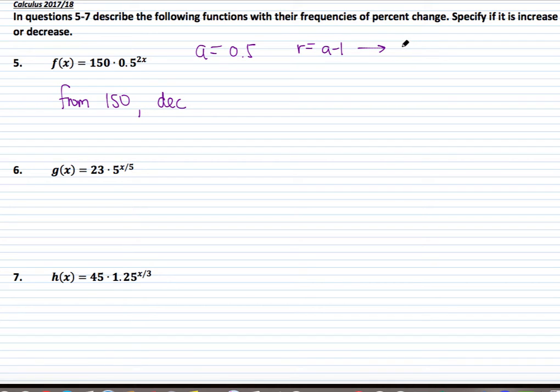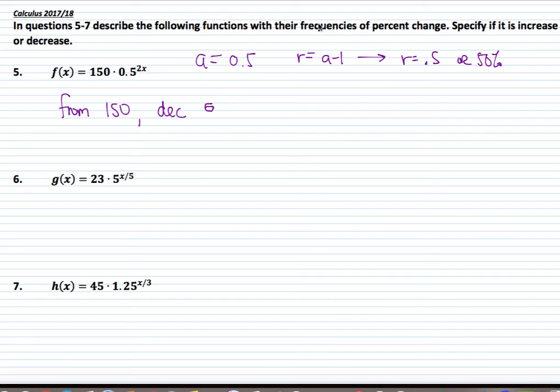So therefore, that's going to tell us that r is 0.5, or 50%. So we're going to be decreasing by 50%, and then it's going to occur twice per unit, or 2 times per unit.